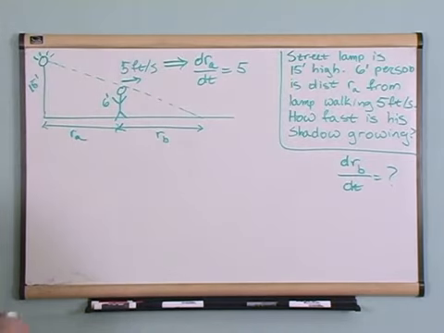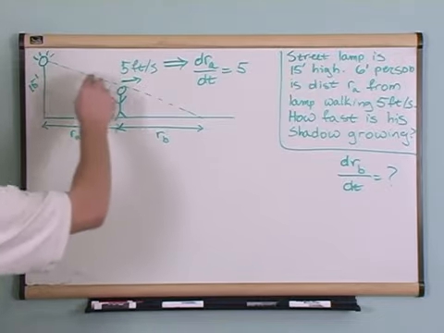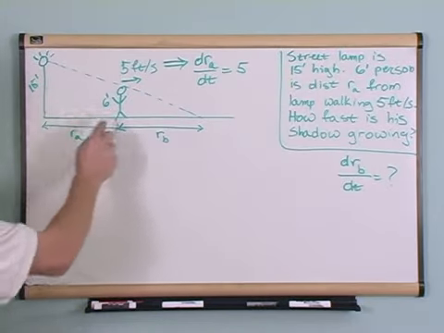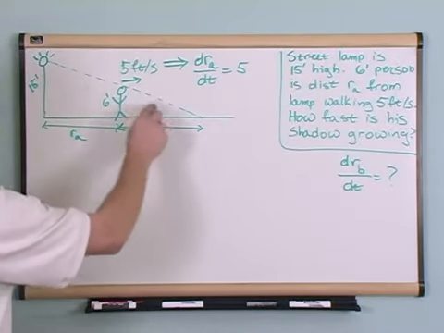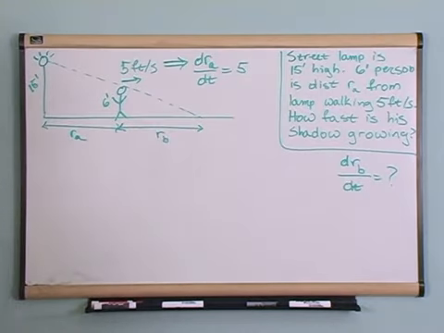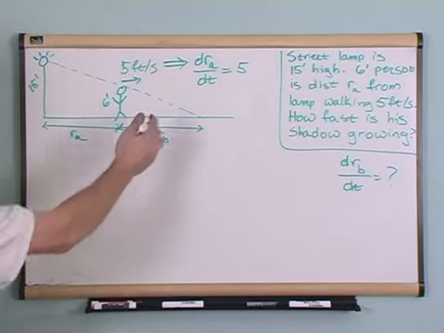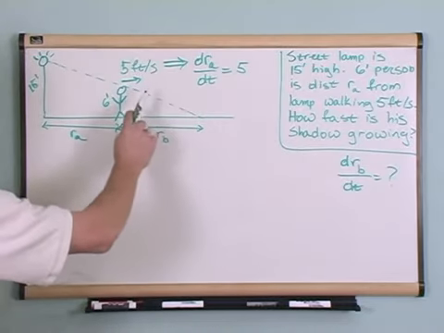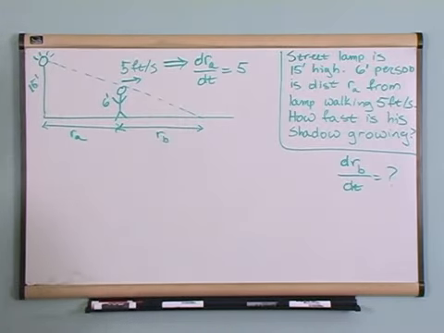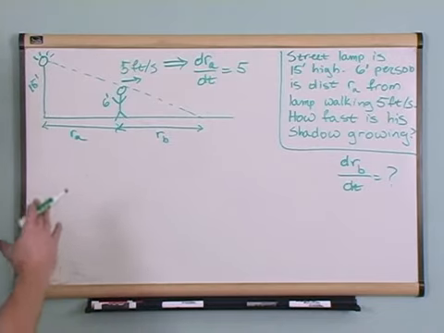If you remember back from geometry, you might remember something called similar triangles. Here's a big triangle, and here's a little triangle that's kind of tucked inside. These triangles are proportional to one another because they're the exact same shape, the same angle down here governs it, but they're just different sizes, so they're called similar triangles.